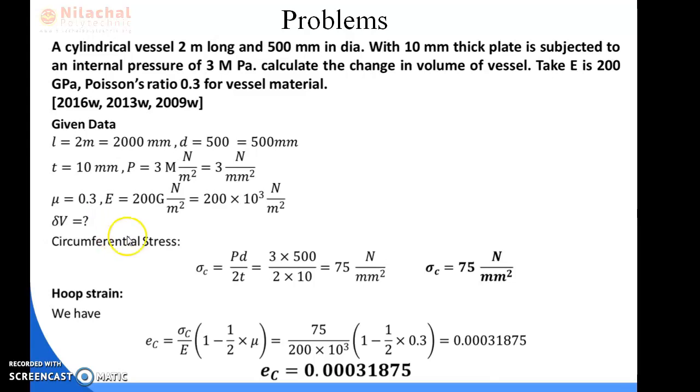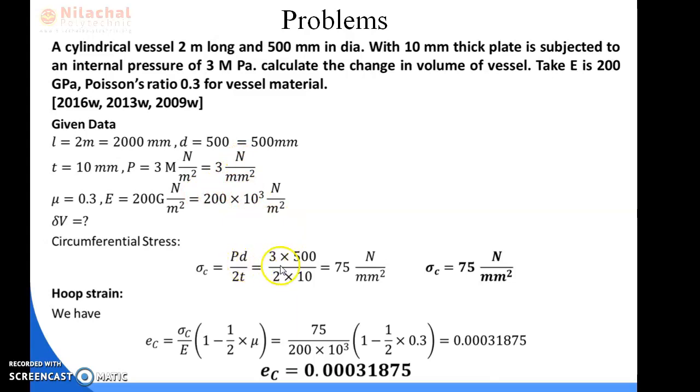Let's start with the circumferential stress, or sigma c. We have the formula for circumferential stress as sigma c is equal to Pd by 2t. For P it is 3 megapascal, that is 3 Newton per mm square.